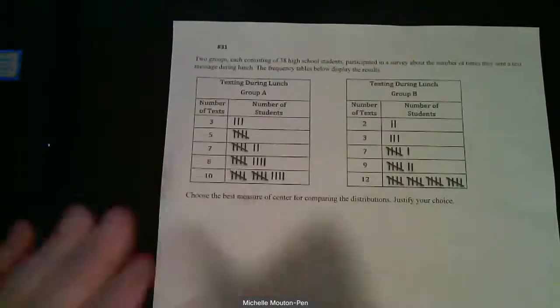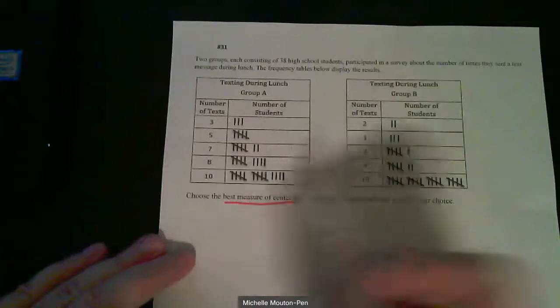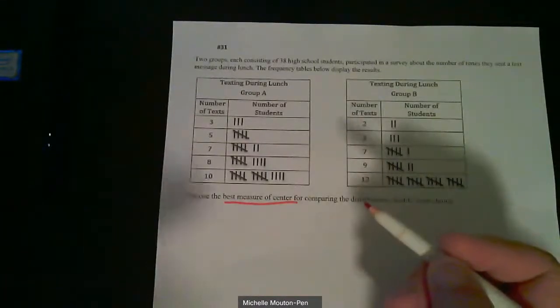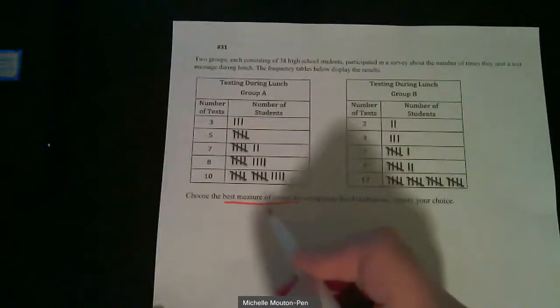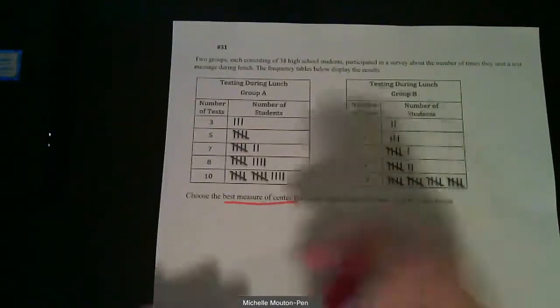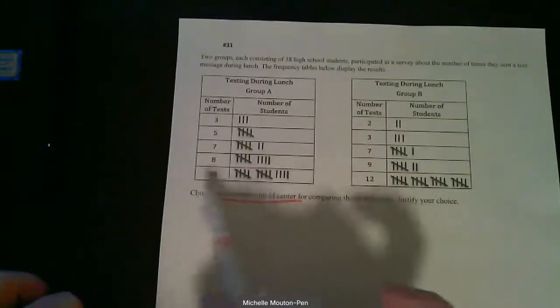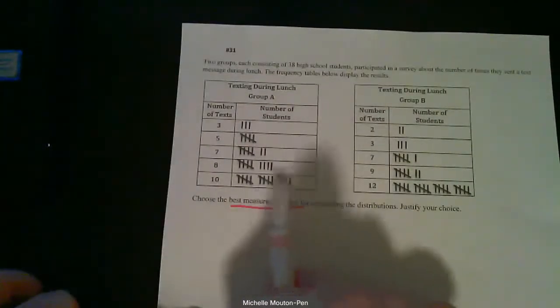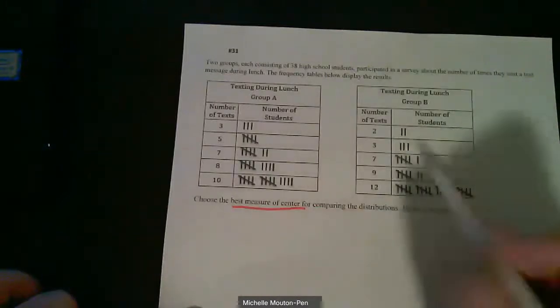So when we talk about the best measure of center, remember we have 2 possible measures of center. They are either the median or the mean, one of those two. Whenever you look at this, you can tell that the number of students sending text messages gets bigger. If there's more in this bottom line, it makes a trend of going upwards, and the same thing is happening over here.